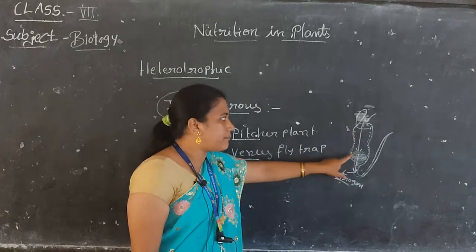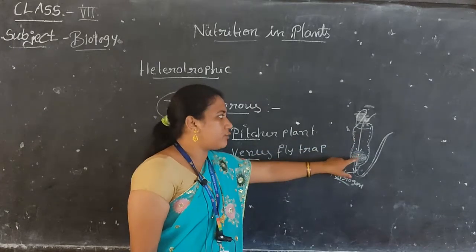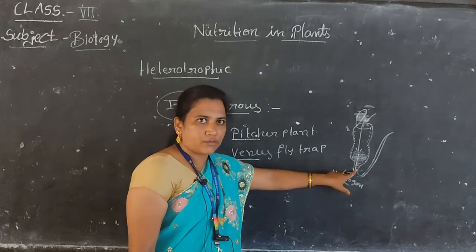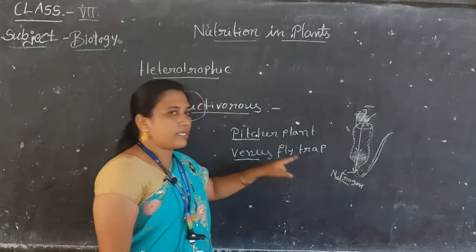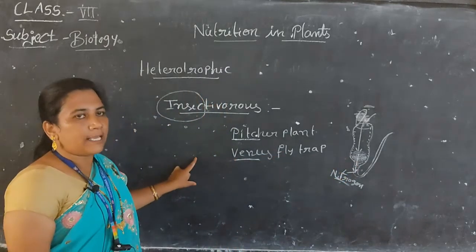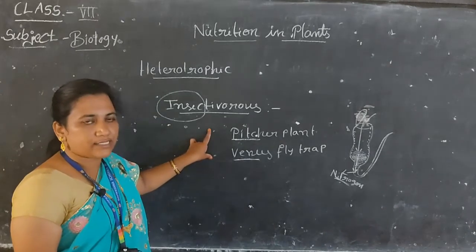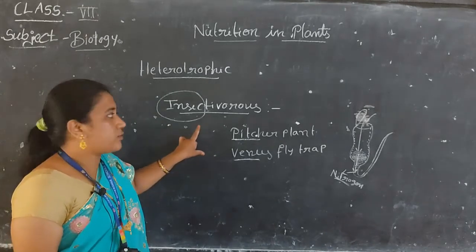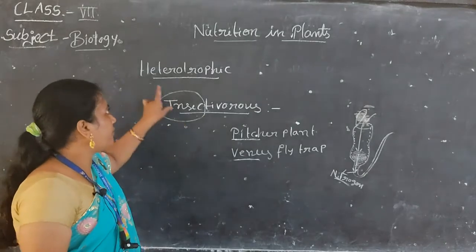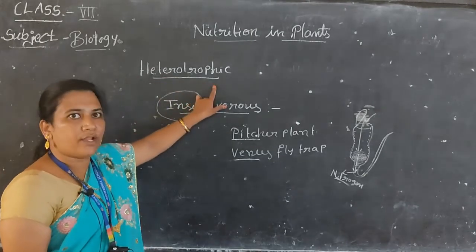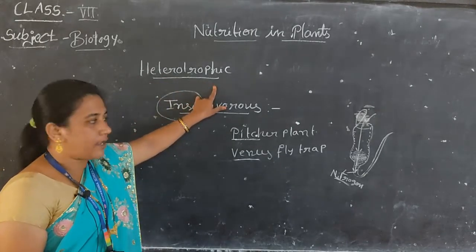From insects, they absorb nitrogen. Only in nitrogen-deficient areas can we observe this type of insectivorous plant. So this is one type of heterotrophic mode of nutrition.